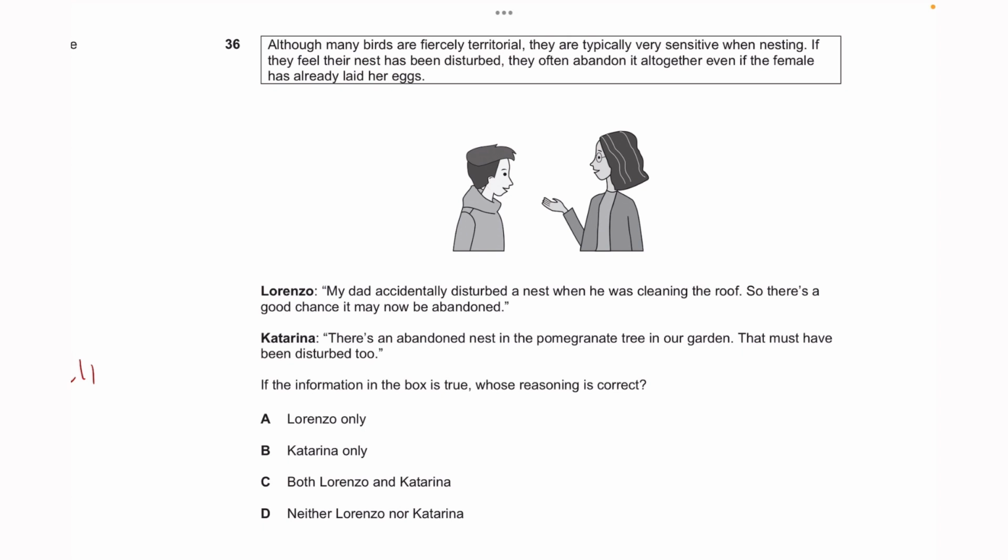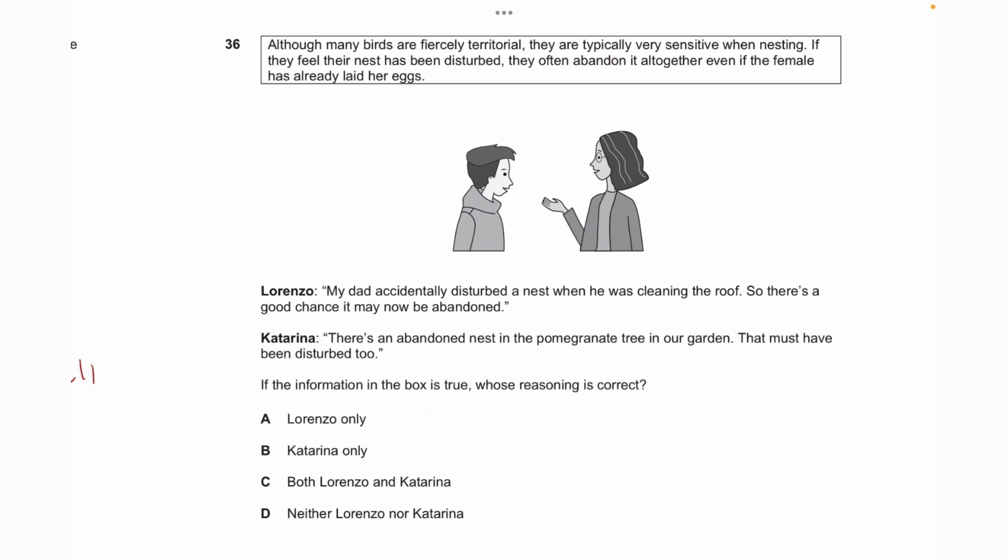Now, Lorenzo says this: my dad accidentally disturbed a nest when he was cleaning the roof, so there's a good chance it may now be abandoned. And Katerina says, there's an abandoned nest in the pomegranate tree in our garden that must have been disturbed too. If the information in the box is true, whose reasoning is correct?